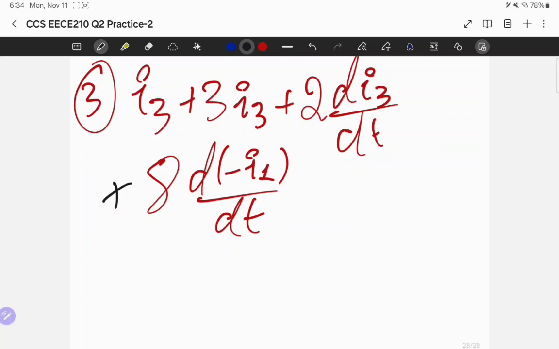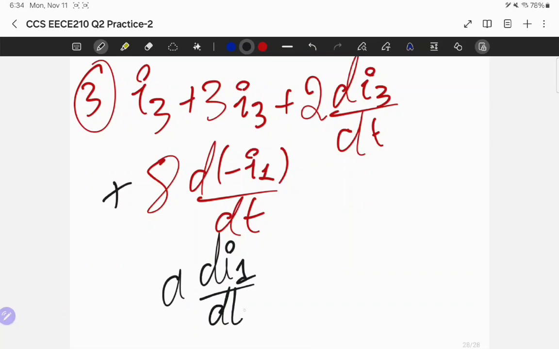Now, there isn't really a need for cosmetic purposes, but depending on the question, you might need to flip the sign, because sometimes it says put it in terms of a di1 by dt, not d minus I1. So this minus, you're going to carry it back.